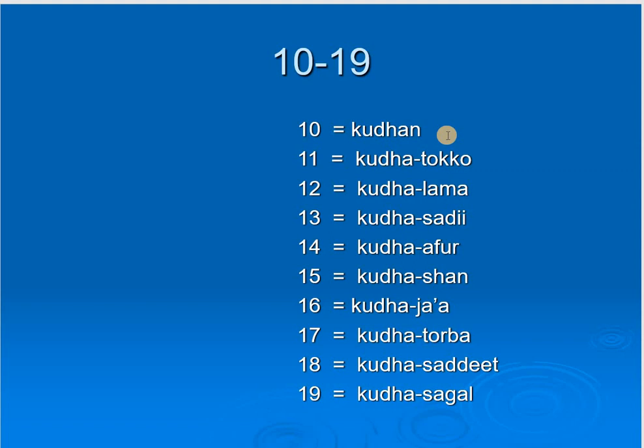So it is a matter of dialect that differentiates the two. Otherwise, the meaning is still the same. So kudan is 10. It doesn't resemble the number 1, tokko. Number 10 and number 20 don't have the same name or sound as the others, but the rest will. We'll come to that.